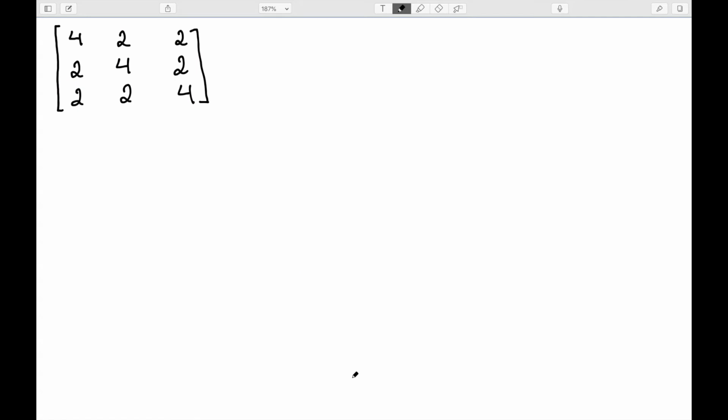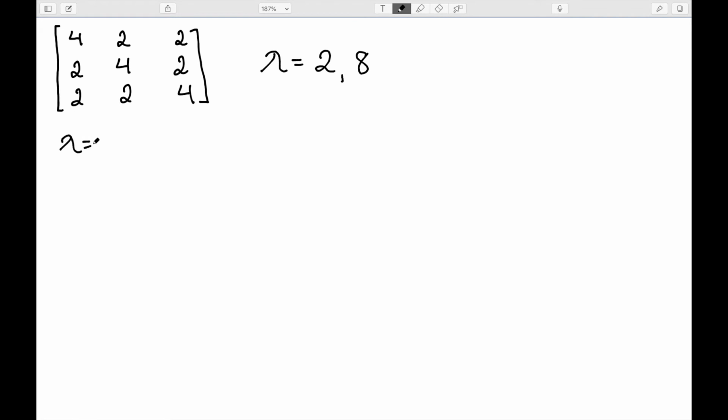So let's look at an example. Here I have my matrix 4, 2, 2, 2, 4, 2, 2, 2, 4. We do see that this is symmetric, so we can orthogonally diagonalize. And while I will not show the steps here, you can verify that my two eigenvalues are 2 and 8.